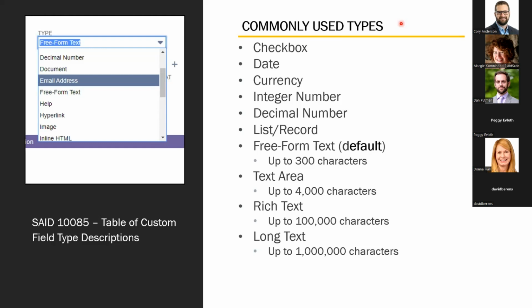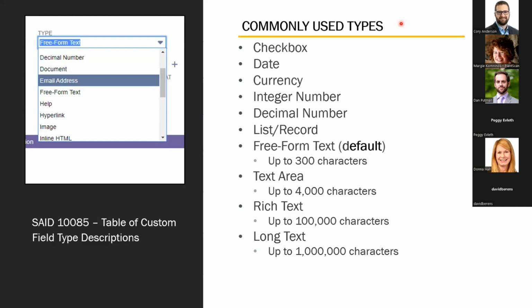Some common ones: checkboxes, dates, currency, which basically just formats the values based on a currency. We have an integer number, decimal number, a list record type, which I'll talk about a little bit later as well. Freeform text. Freeform text is the default. Anytime you create a new custom field, it's going to default to freeform text in most cases.